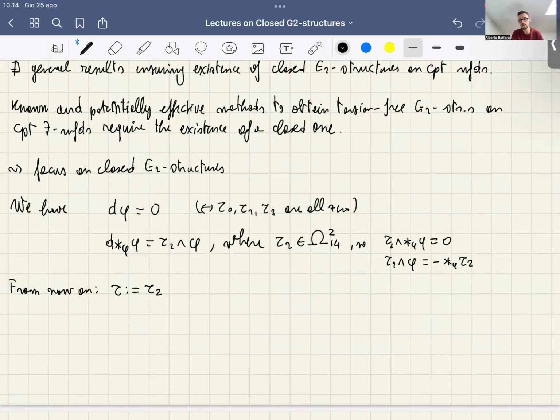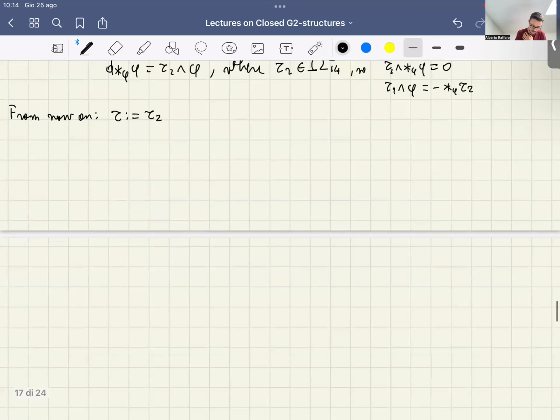As I told you in the first lecture, today we will focus on closed G2 structures from two points of view: from the point of view of curvature properties and from the point of view of symmetries of closed G2 structures. So let's start talking about curvature constraints.